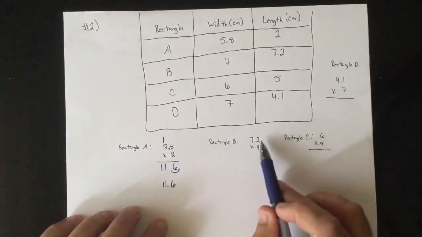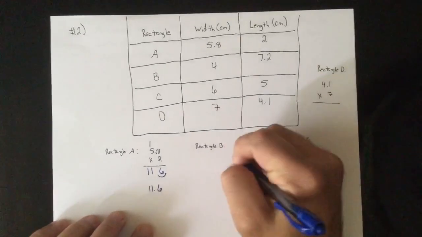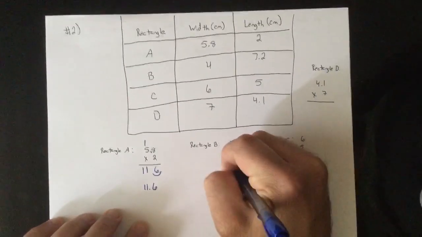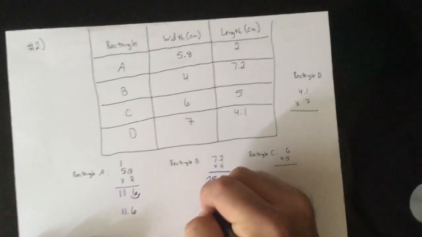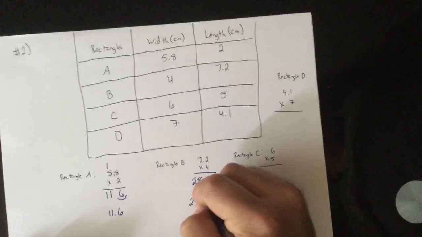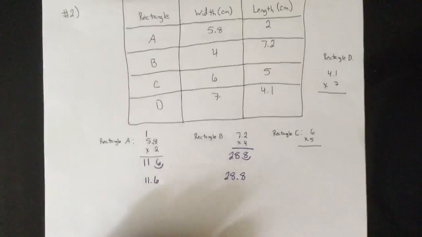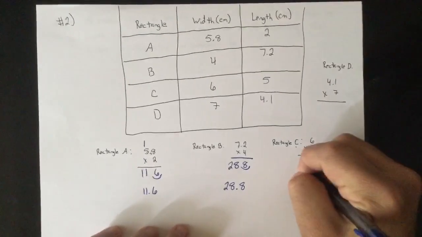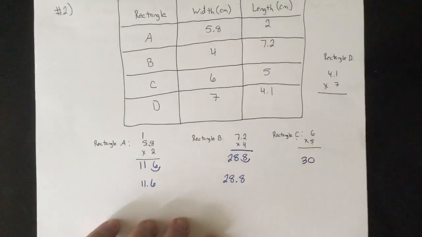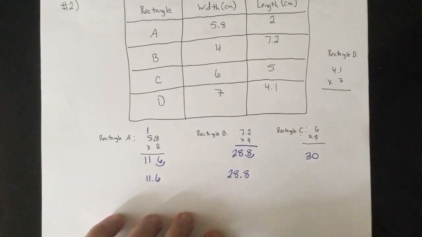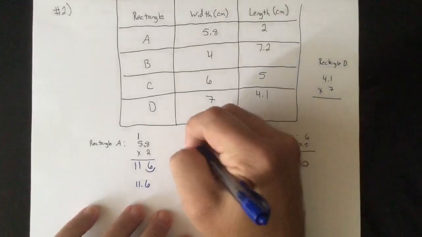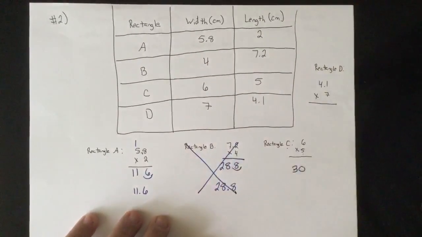Rectangle B, 4 times 2 is 8. 4 times 7 is 28. Again, move the decimal back one time. So rectangle B has an area of 28.8. Rectangle C, 6 times 5, well, that's 30. Well, 30 is larger than 28.8, so rectangle B is already out. We don't need him.